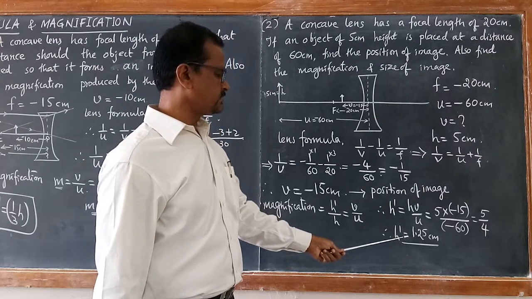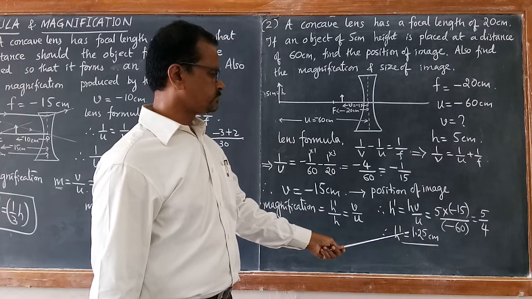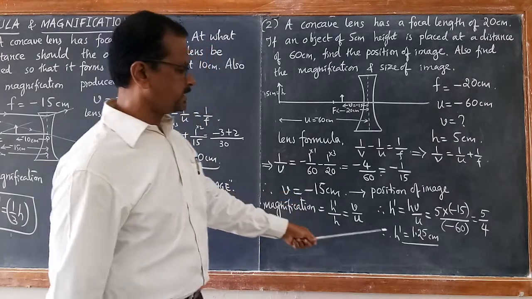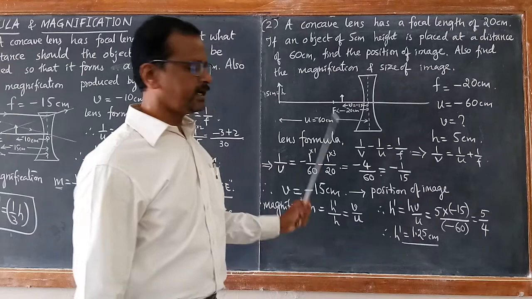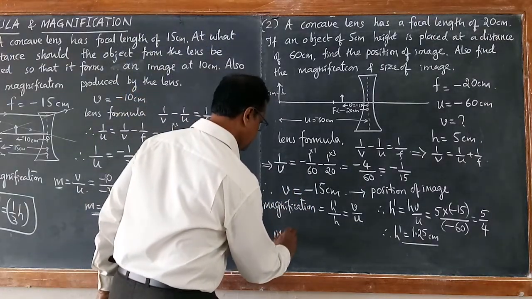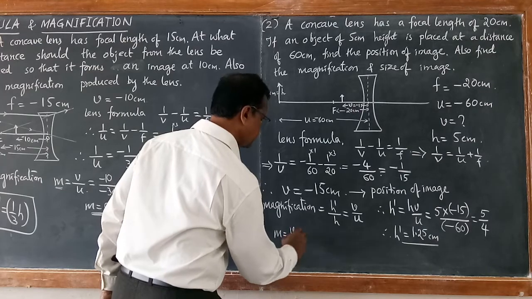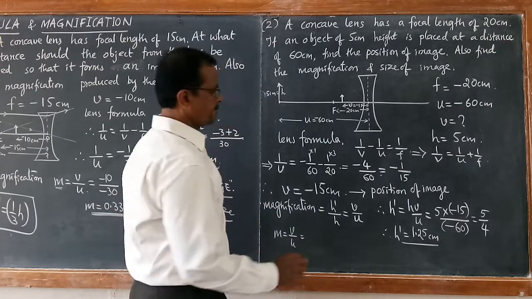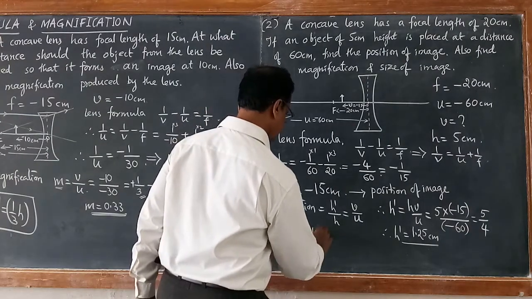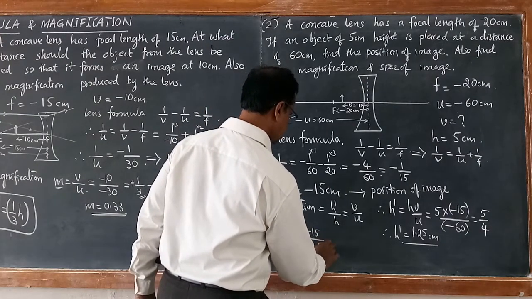So that is the meaning of this. Compared to the height of the object, it is smaller in size. Therefore, it is diminished. Now magnification m: if you calculate v by u, then v by u is minus 15 divided by minus 60.